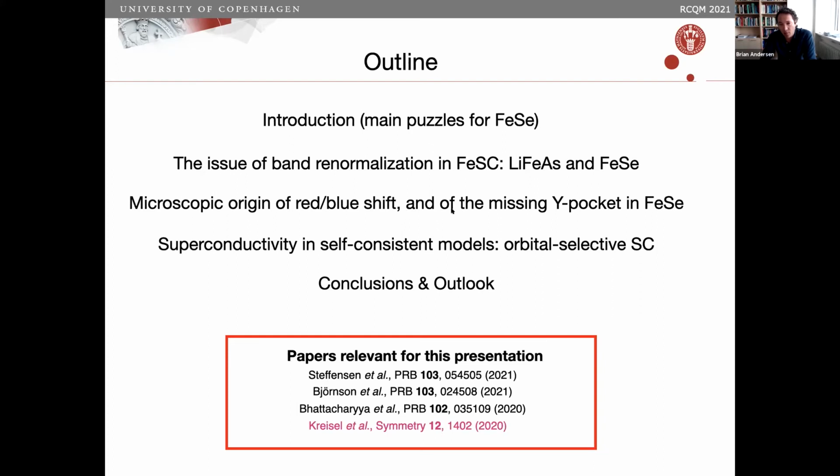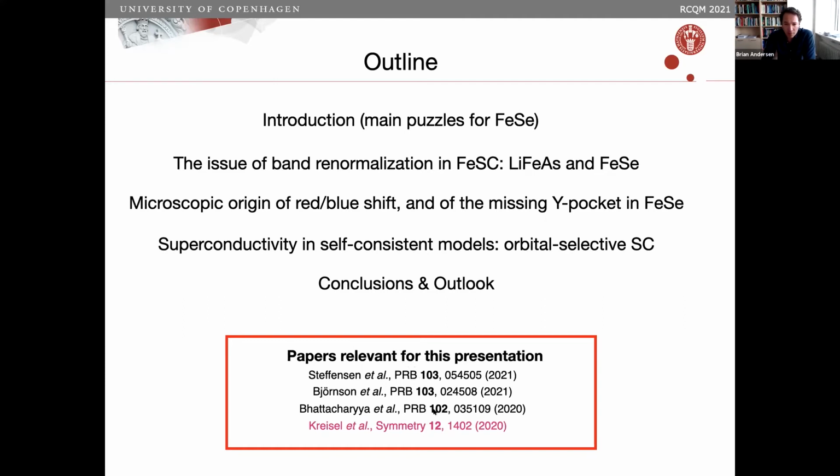Then I move into the low temperature phase and discuss the origin of the missing Y pocket. To get this, we need to study nematicity, and I will show how intra-orbital nematicity might be important to this material. I hope time allows, but then we'll get to some orbital selective superconductivity in the end.